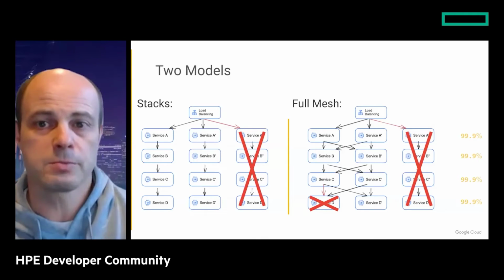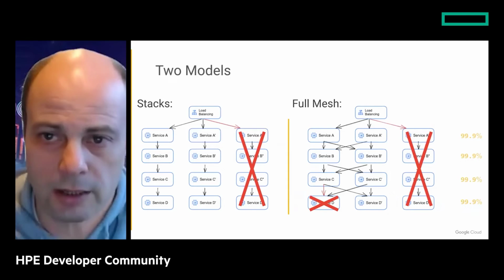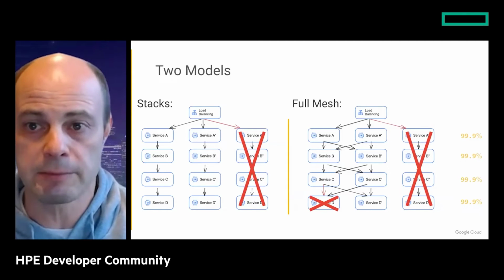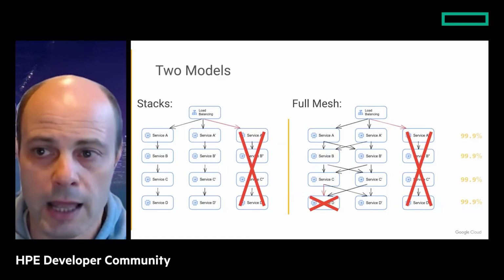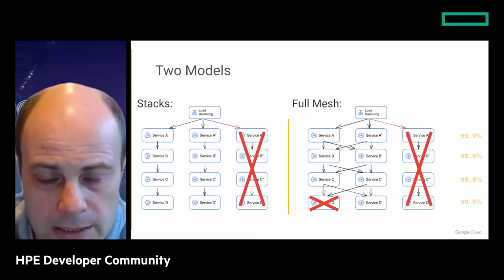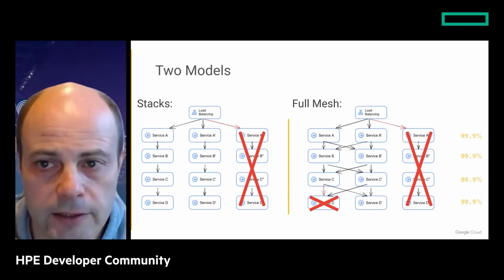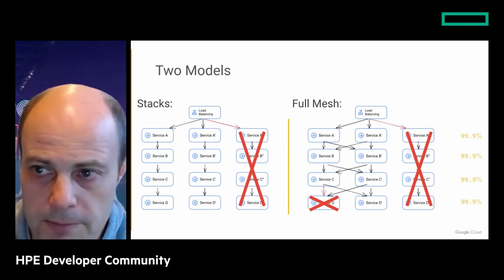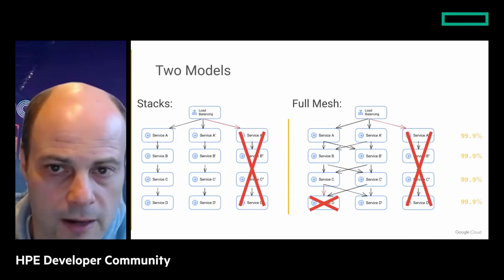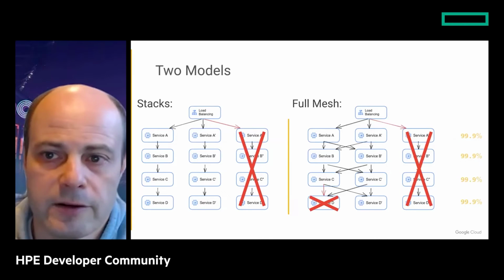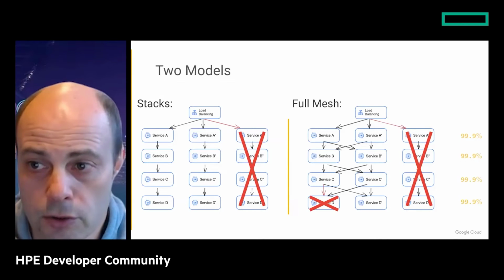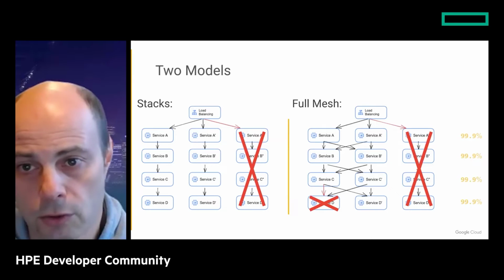In the first model, you essentially create multiple copies of your stack and deploy them in multiple geographic locations. You can take advantage of load balancing to make geographic dependent routing with retries. And you can leverage the combination of intersection and union availability to compute the SLO of your service.